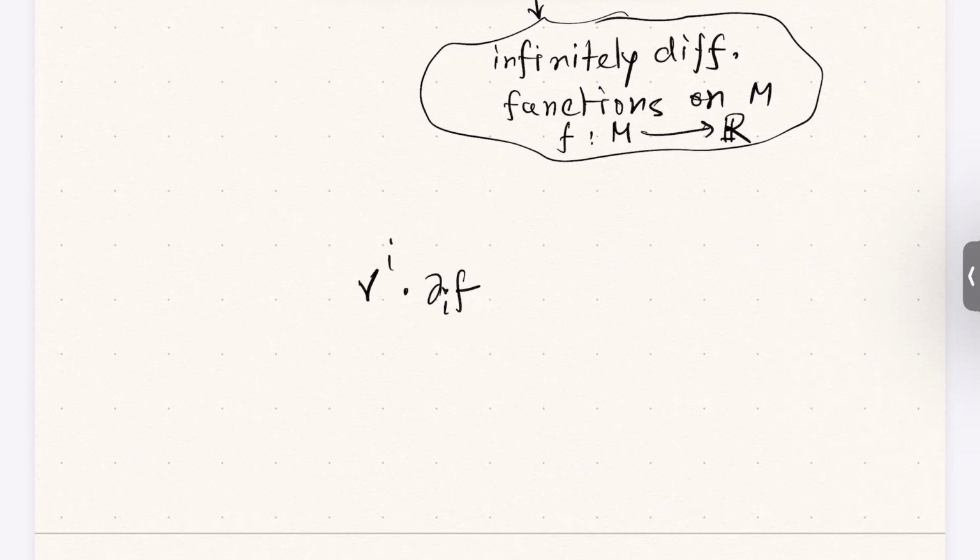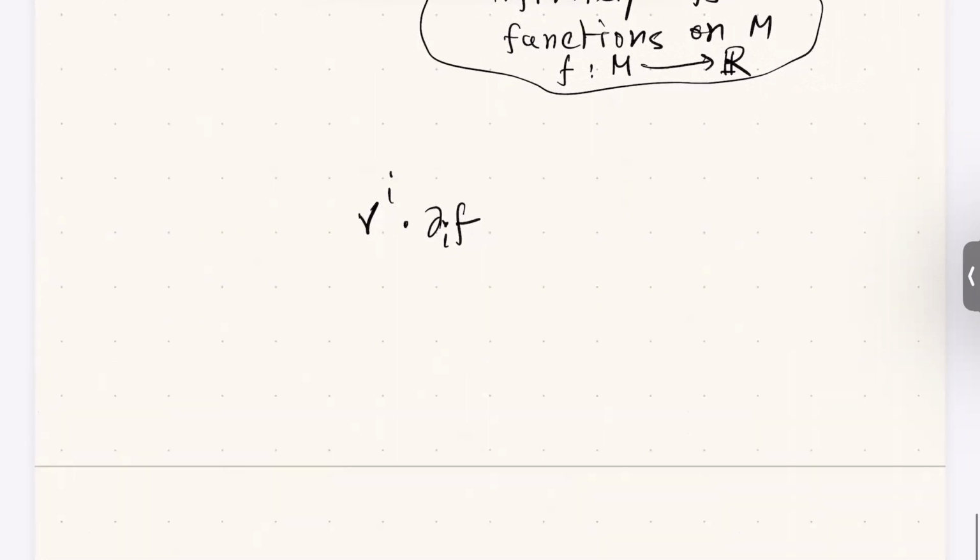So this is the idea of a directional derivative. Now I can interpret this like this. v^i ∂_i, this is an operator acting on the function f, right? And gives you a number, because a directional derivative is just a number.